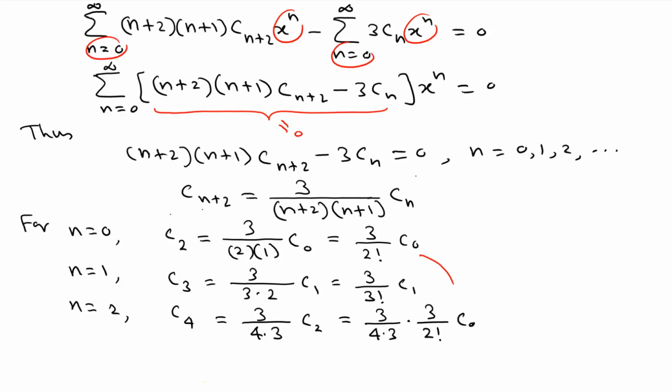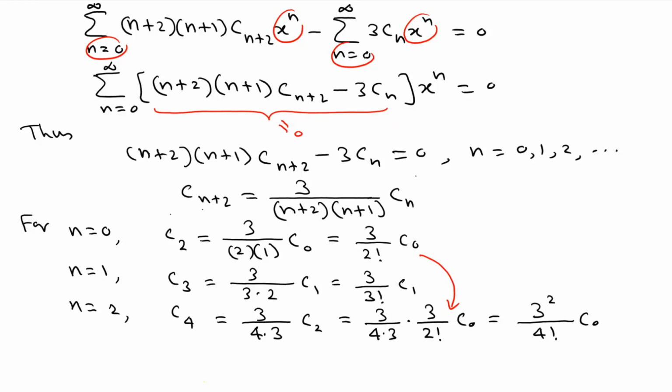Simplifying, you get 3 squared over 4 factorial, C0.